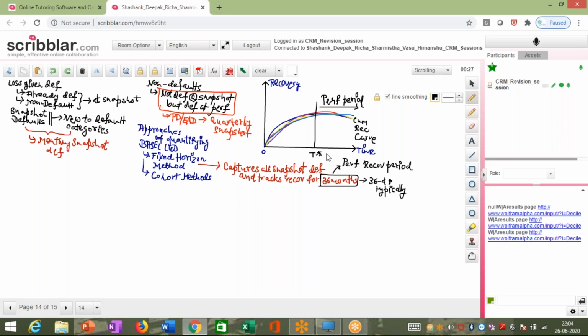So we have an incomplete workout. Now, in this incomplete workout, what we need to do is we need the recoveries to be extrapolated.